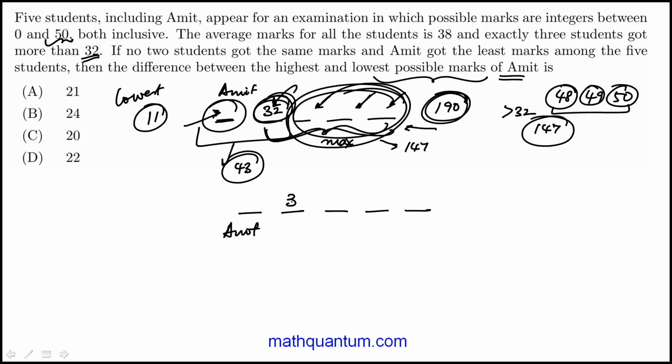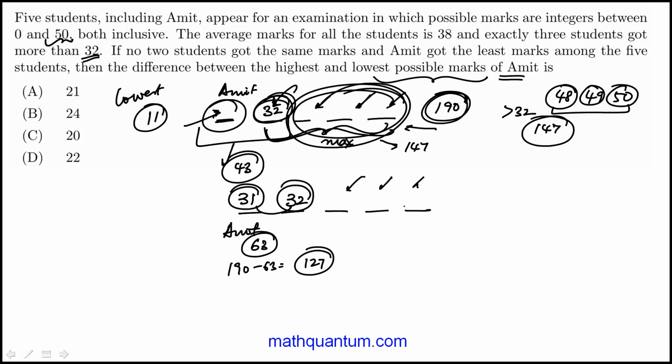So if this fourth highest is 32, can I make Amit's score 31? So those add up to 63. What are we left with? 190 minus 63, which is 127. And I can divide them in any fashion. So for example, this is about 1/3 is about 42.